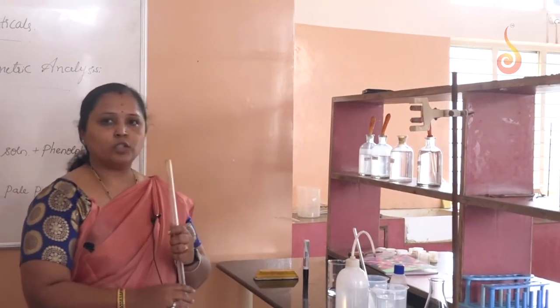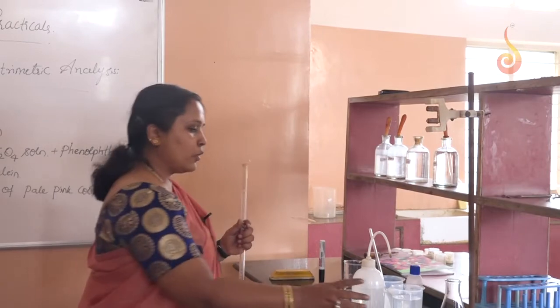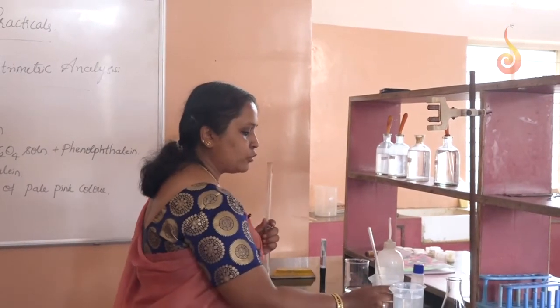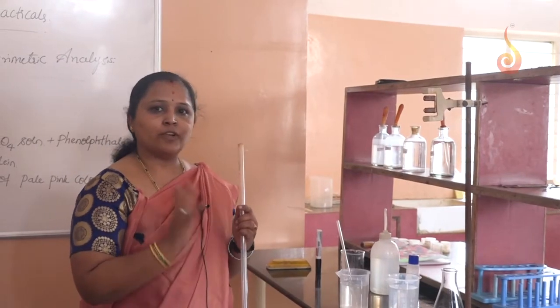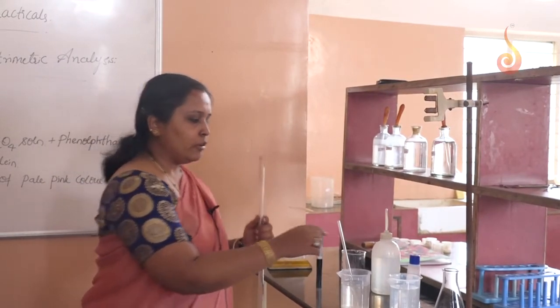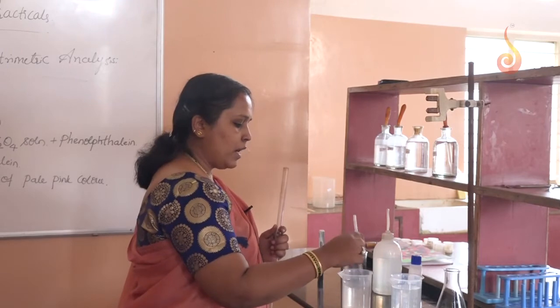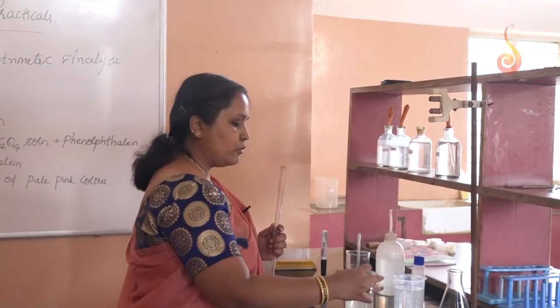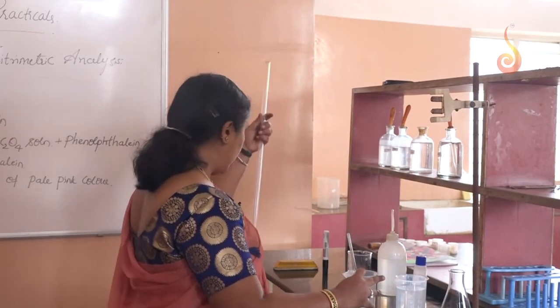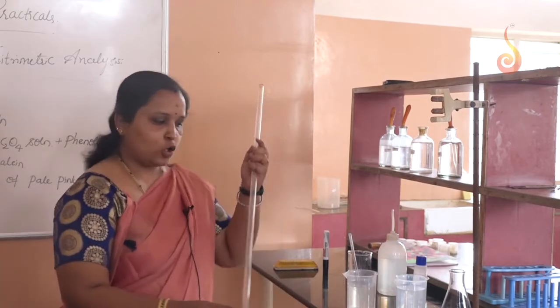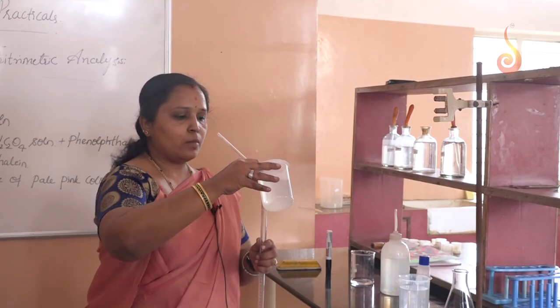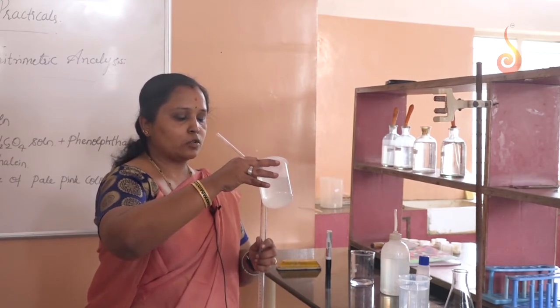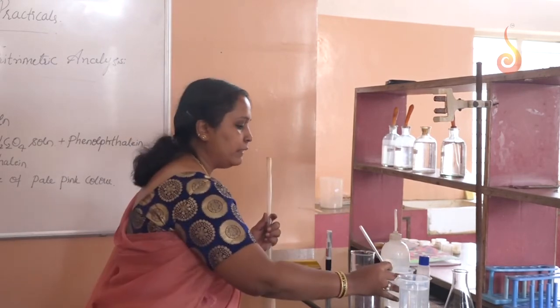After that, I told you we have to rinse it. For rinsing, what we have to do is wash the apparatus with the solution which is to be filled in it. In the burette, we will be filling sodium hydroxide solution. Therefore, I will be rinsing the burette with sodium hydroxide. Close the knob again and add a small amount of sodium hydroxide. Do not add too much because we will be discarding this.